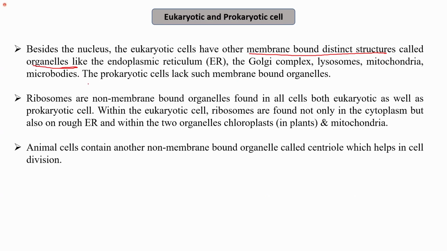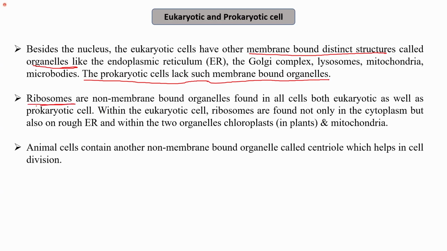While the prokaryotic cells lack such membrane-bound organelles. That is, a prokaryotic cell does not have endoplasmic reticulum, Golgi complex, lysosome, mitochondria, or microbody-like structures, which we have in the eukaryotic cell. The ribosomes, which are non-membrane-bound organelles, are important.